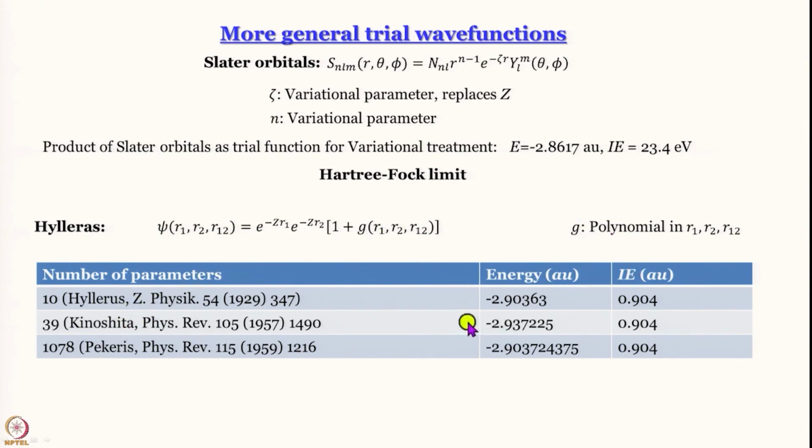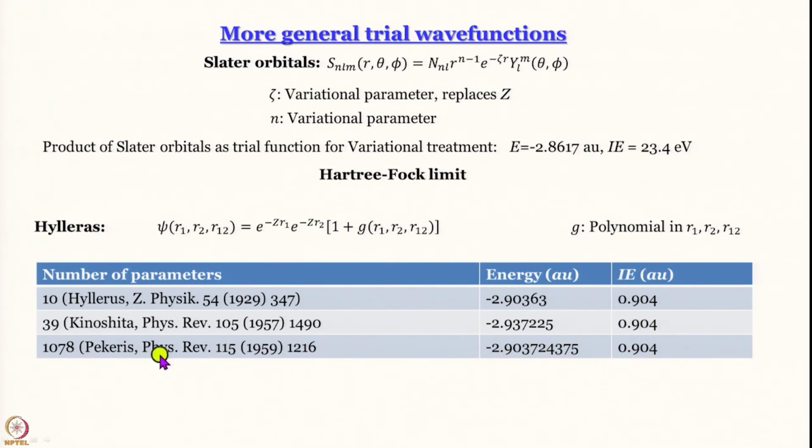He got an energy of minus 2.90363, an ionization energy of 0.904, which is a remarkable improvement over what we had earlier, remember. Then Kinoshita in 1957 published this result with 39 parameters, and you get minus 2.937225 for energy, in atomic units. Ionization energy remains 0.904.